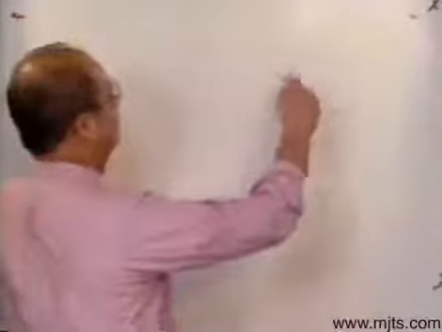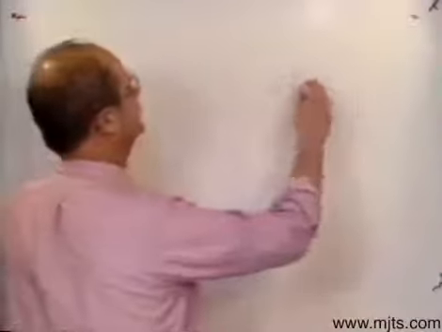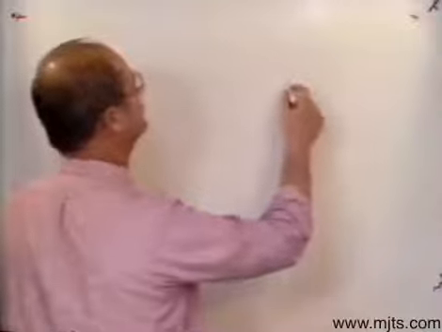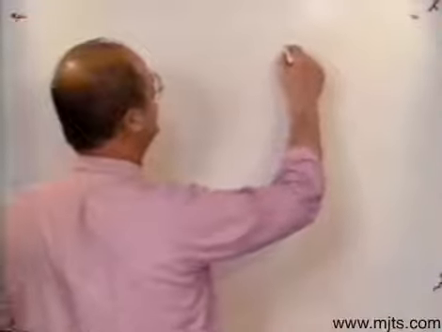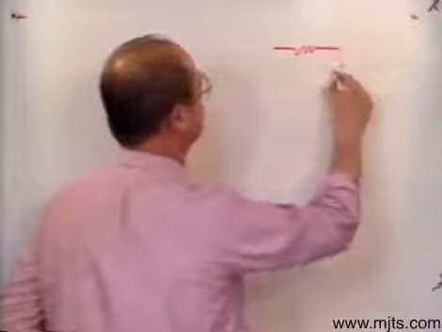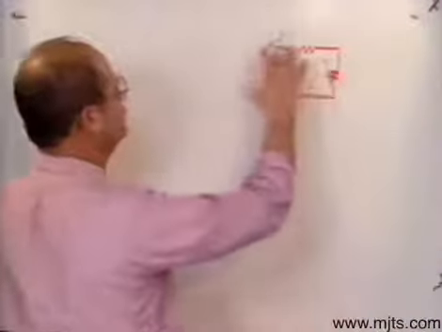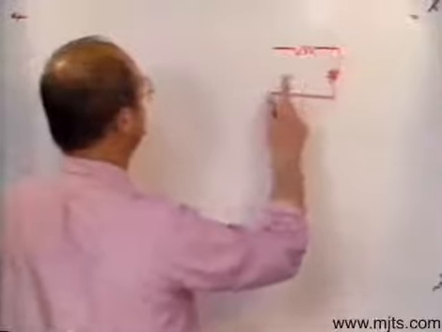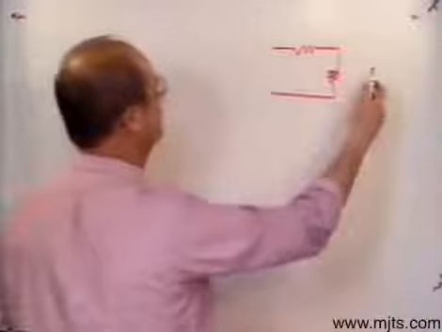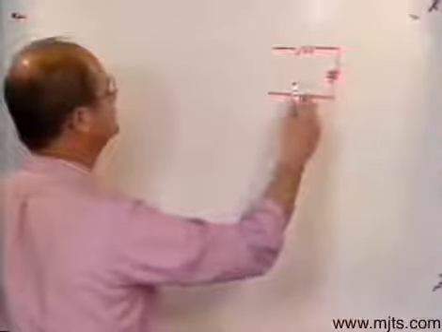When we started out with DC, we said the only opposition to current flow that you had was resistance. And if we had resistors in series, now this would be end to end, we would add them together to get our R sub T, our total resistance.